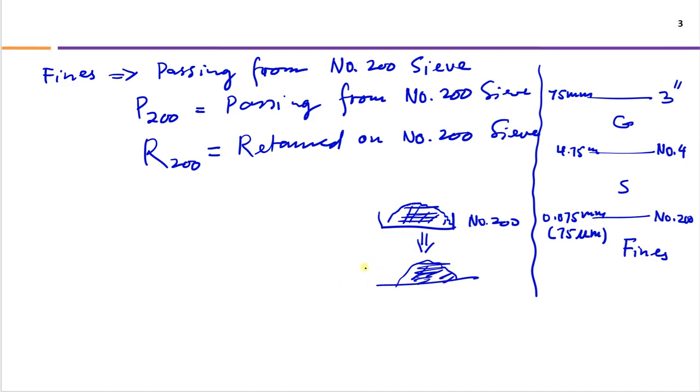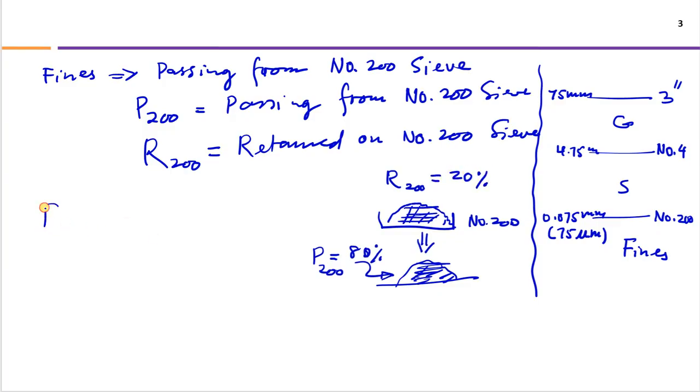So we have to look at the percentage. If you calculate the percentage and the passing is 80%, it means 80% of the material is smaller than this sieve opening, then the material that is going to be retained on it is going to be 20%, because the total has to be 100%.